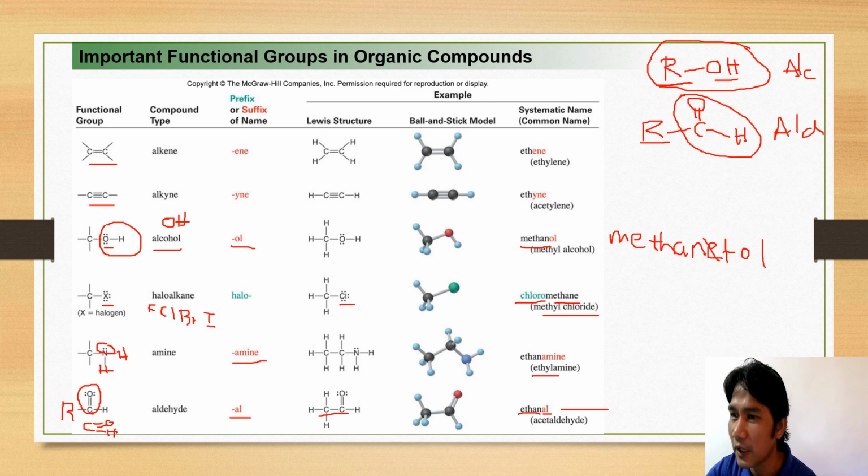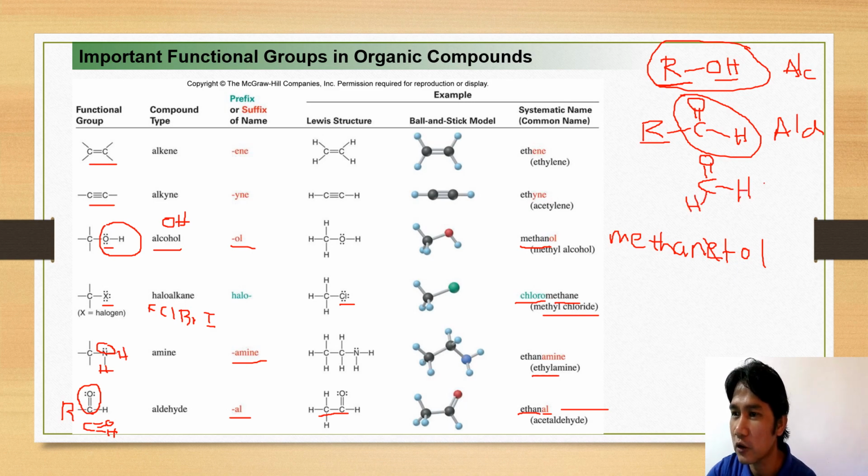Although the simplest aldehyde contains only one carbon, this molecule that has only one carbon can have 2 hydrogens on it.